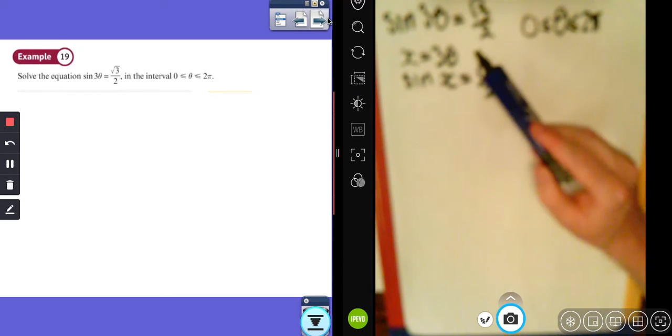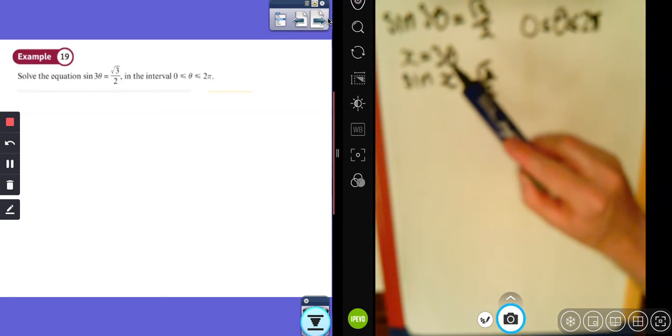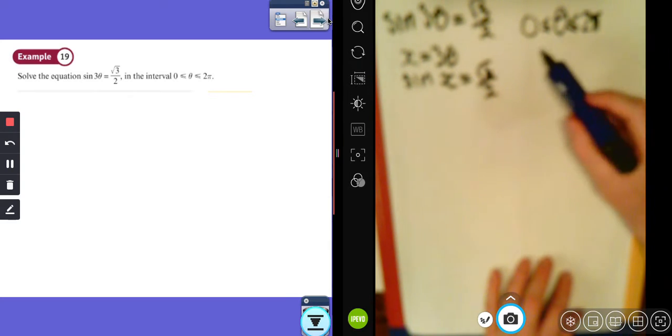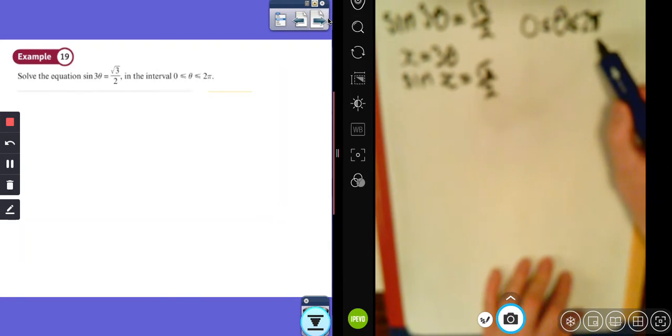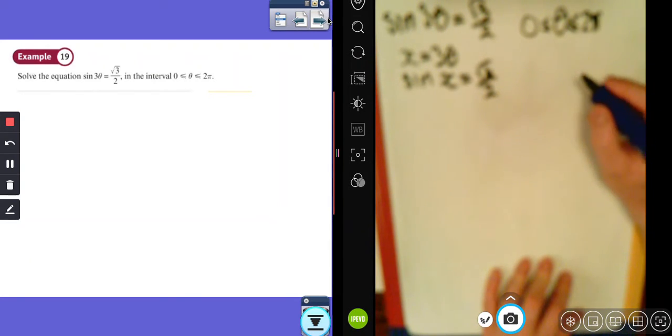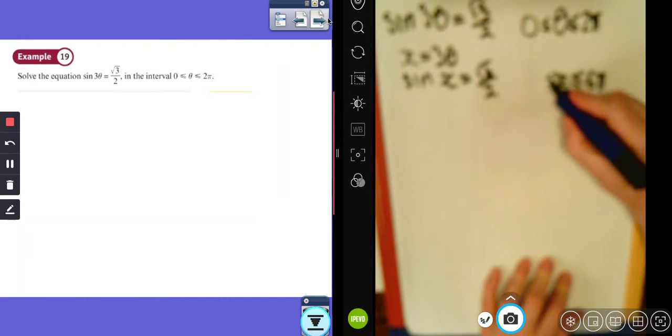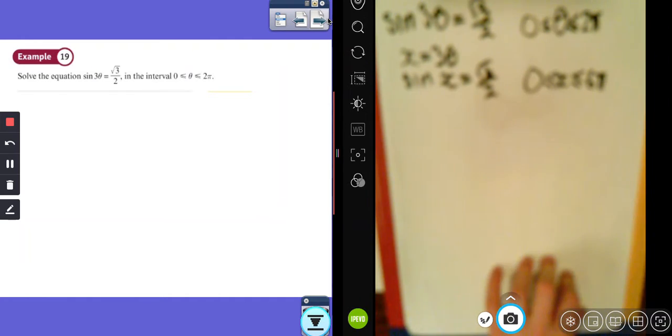If you've got 3 theta, x is 3 lots of theta, and you've got theta here, which hopefully you can just about work out. Then we're going to times this and this by 3 as well, so that we get x is between 0 and 6 pi. We're still not focusing on this, which is very frustrating.